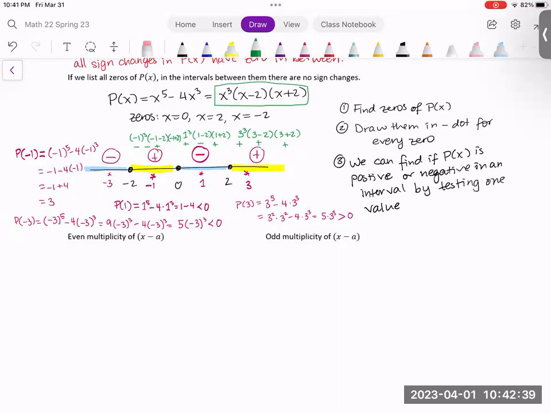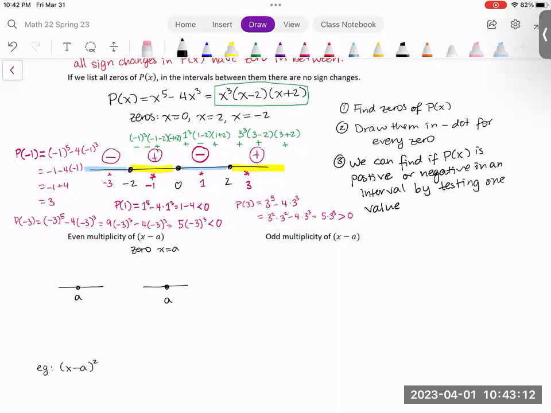Okay, so we're looking at the multiplicity of the zero x equals a. In the case that it's even, there are two pictures of what can happen. For example, we might see a term that looks like x minus a squared as a factor in our factorization.